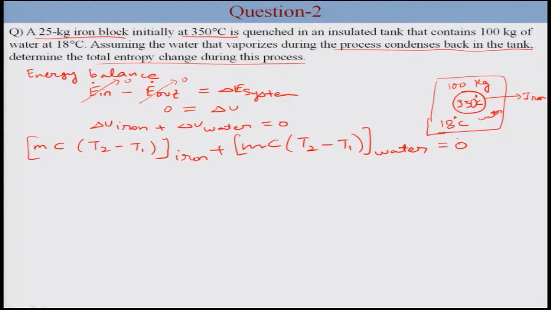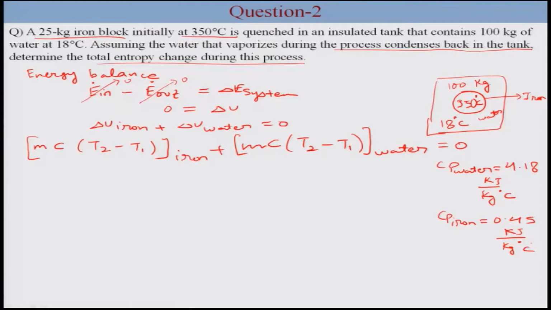T1 and T2 are different for iron and water. So, we will put the corresponding values. Cp for water is equal to 4.18 kilojoule per kg degree Celsius, and Cp for iron is 0.45 kilojoule per kg degree Celsius. T1 for iron and water will be different, although the T2 will be the same for both as it is the equilibrium temperature.